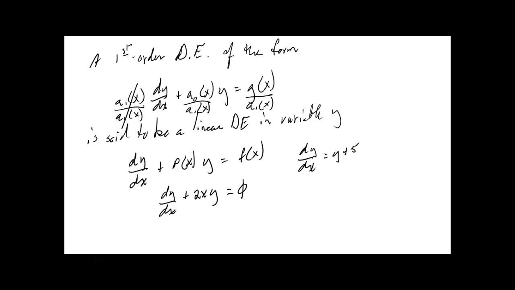I wish they'd have given it in standard form first. Standard form could have been dy/dx minus y is equal to 5. Now that's in standard form. Your dy/dx is right like it's supposed to be. Your p of x is minus 1 times y is equal to f of x, which is 5. That's in standard form.